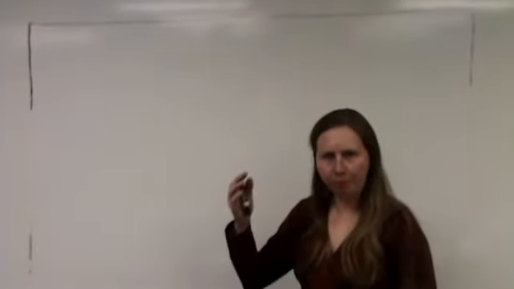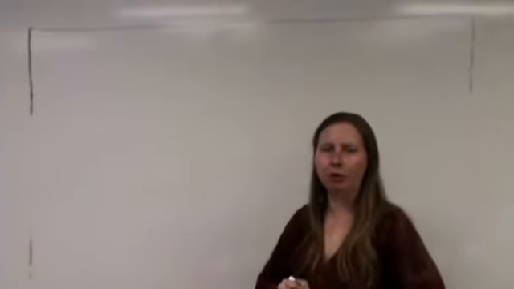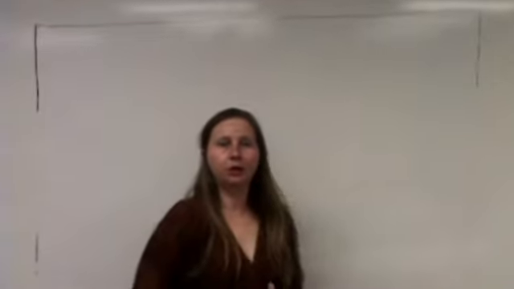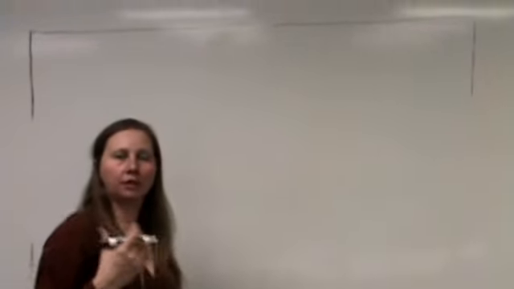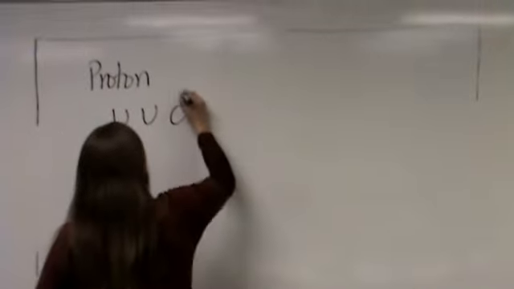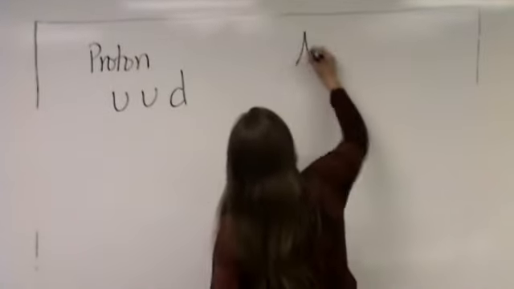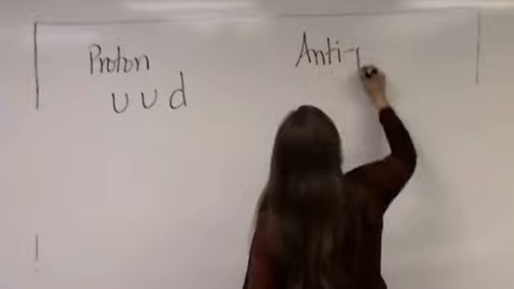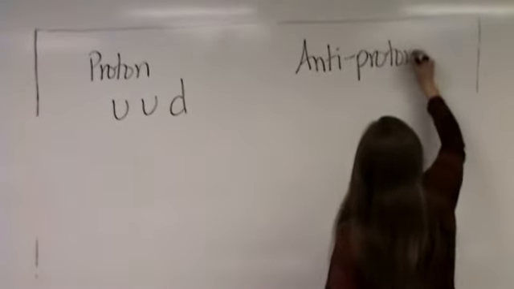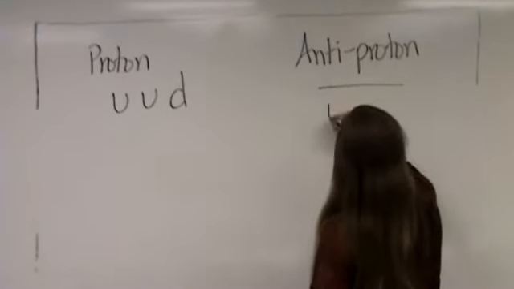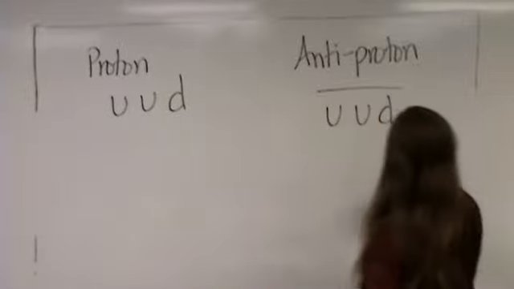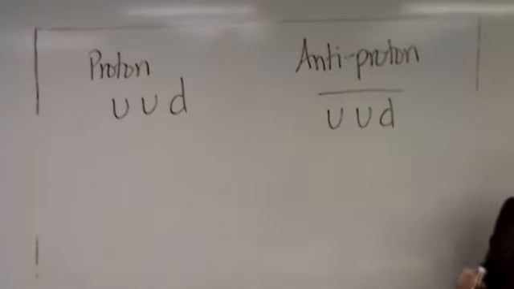what would a proton and an antiproton be composed of in terms of their quarks, their constituent particles? A proton would be U, U, D, while an antiproton would be anti-U, anti-U, anti-D.